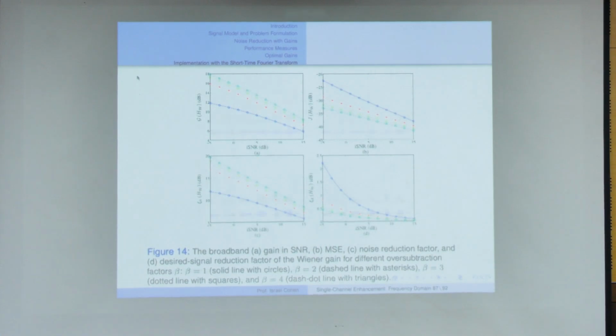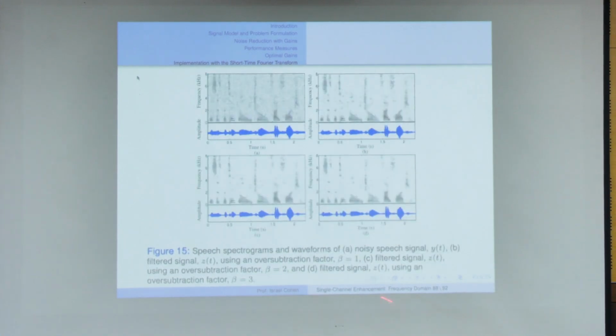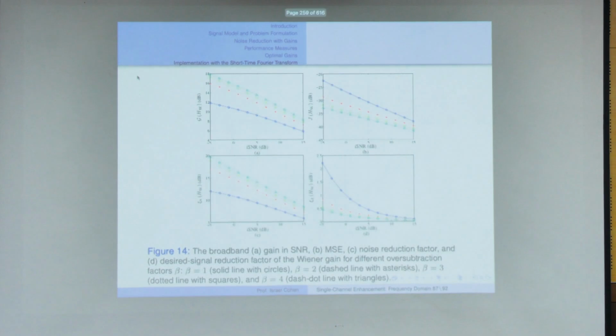So it's as a function of the input SNR. I can take the clean signal and add stationary noise such that the input SNR will be a certain value. This is the broadband input SNR.